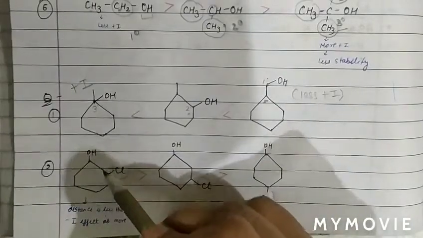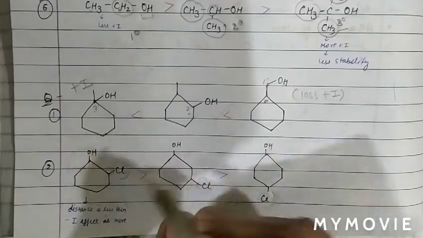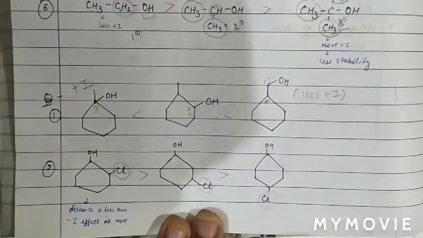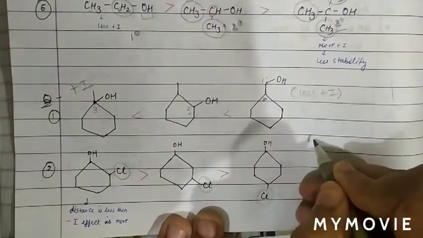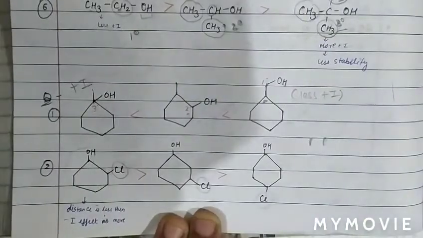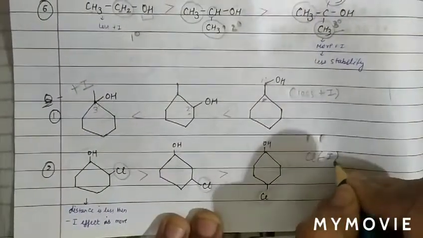So chlorine is at the second position, the third position, and the fourth position. And chlorine is minus I group in nature.